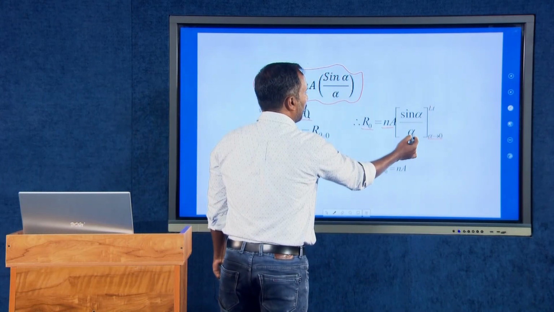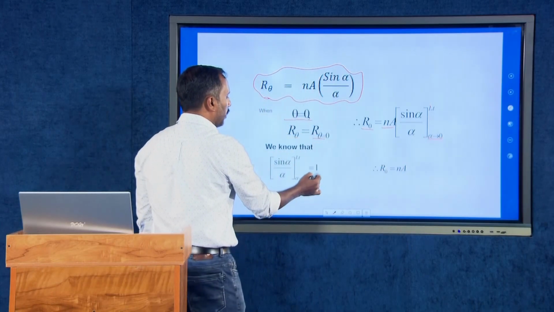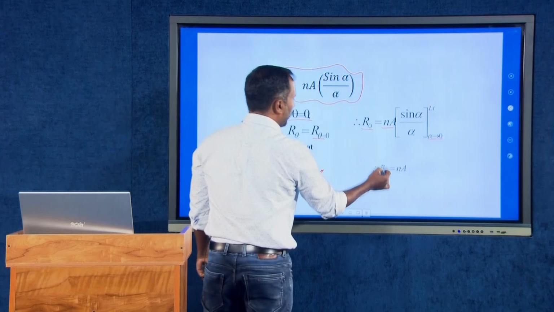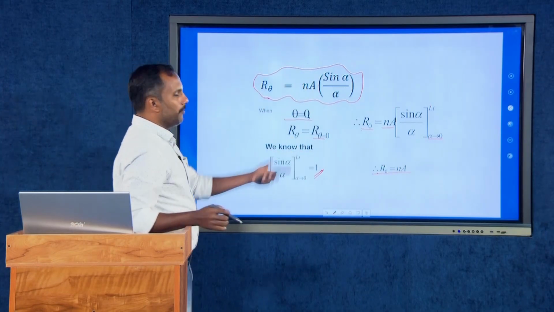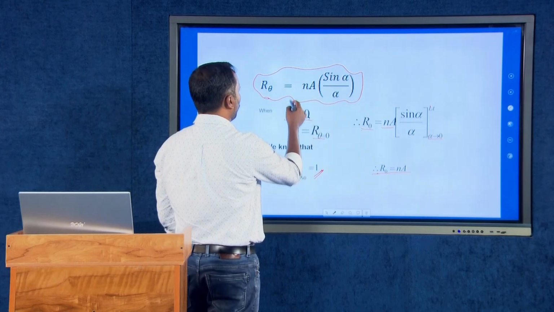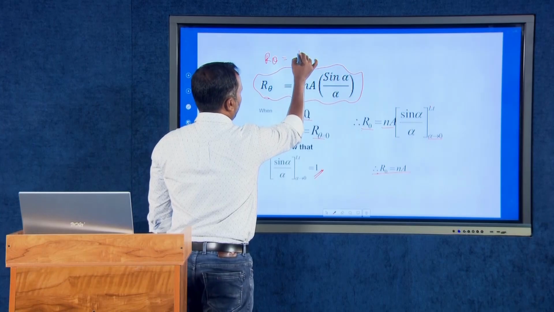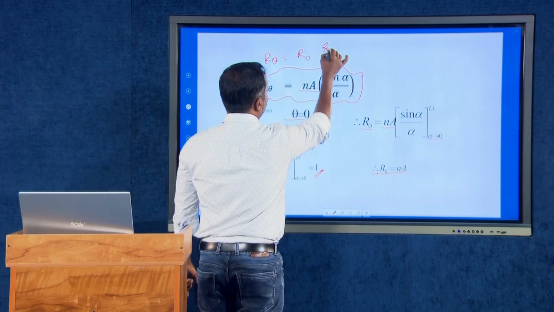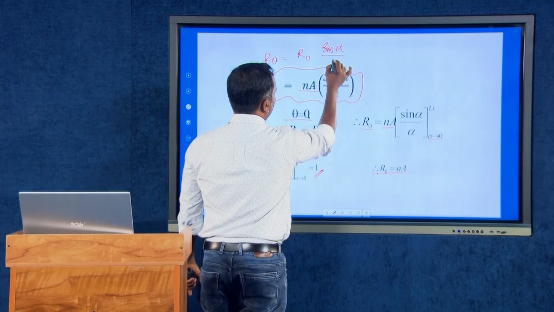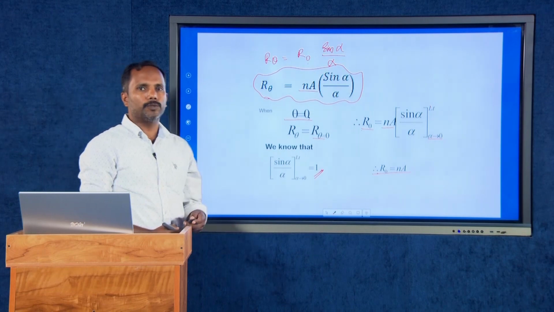Therefore sin alpha divided by alpha when alpha tends to 0 becomes 1. Therefore this r0 can be written as n into a. Now simplifying this formula, you can write this r theta as, instead of n into a, r0 into sin alpha divided by alpha. So this shall be the final formula for the resultant amplitude.